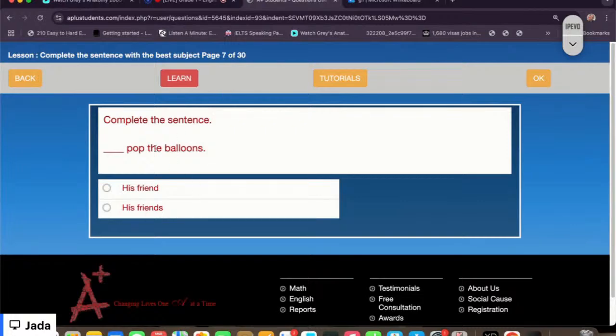All right, so pop the balloon. We have pop without s, so it will be his friends pop the balloon.